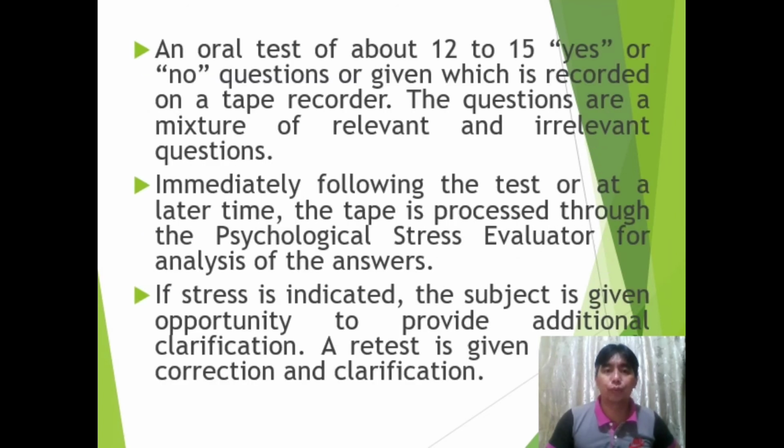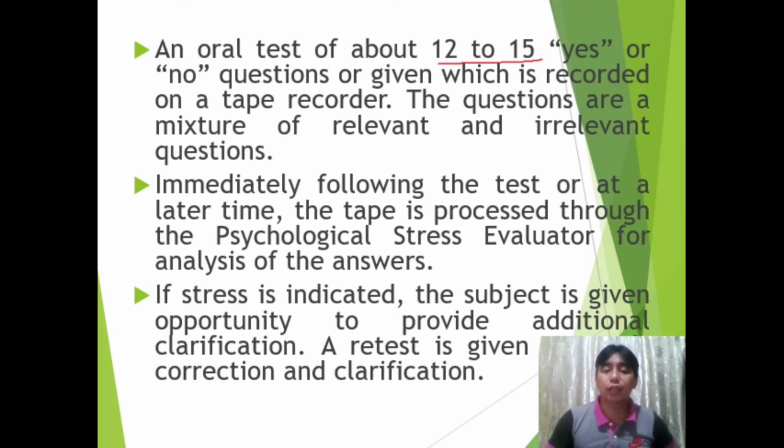So this is also the number of questions that will be asked. It could be 12 to 15 questions, also answerable by yes or no. Immediately following the test or at a later time, the tape is processed through the psychological stress evaluator for analysis. If stress is indicated, the subject is given an opportunity to provide additional clarification.